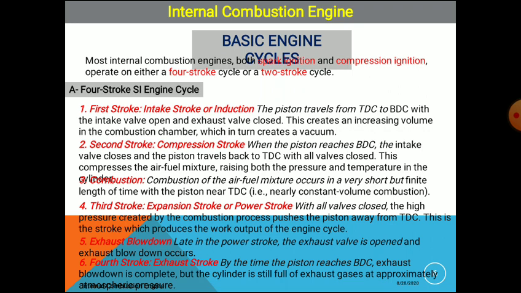In the third stroke, the expansion stroke, both valves are closed, and the high pressure created by the combustion process pushes the piston from the top dead center. In this stroke, the work output of the engine cycle is produced. During the fourth stroke, the piston reaches the bottom dead center and exhausts. The blowdown is complete, but the cylinder is full of exhaust gases at approximately atmospheric pressure, and at that time the outlet valve is open.